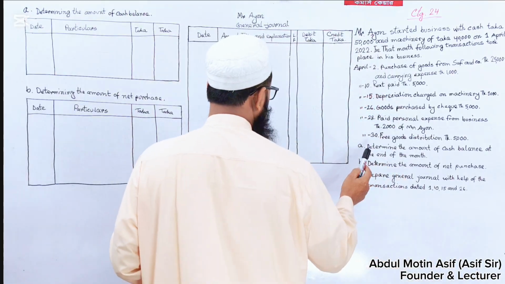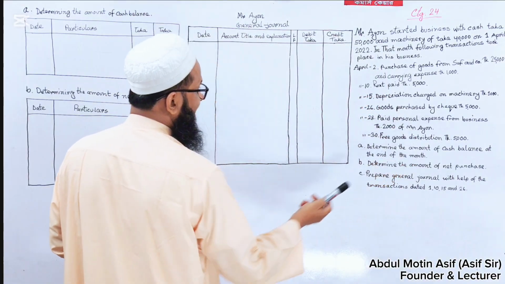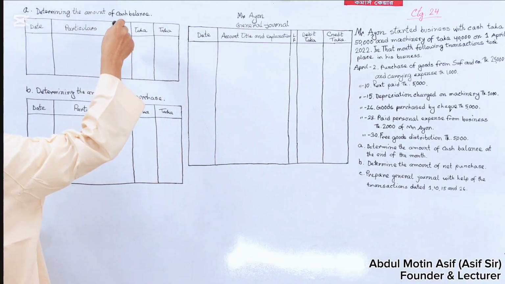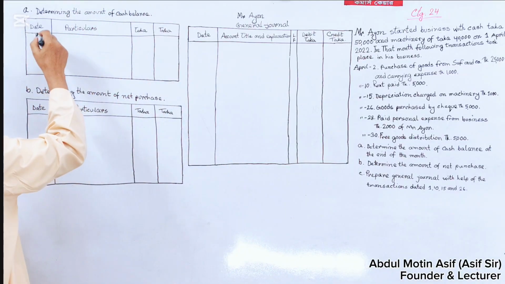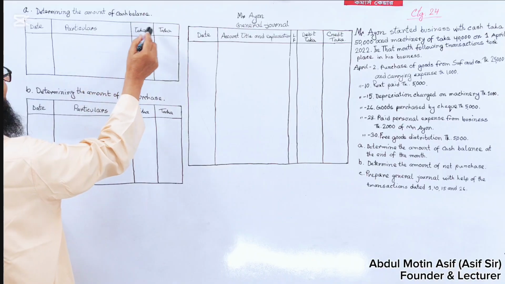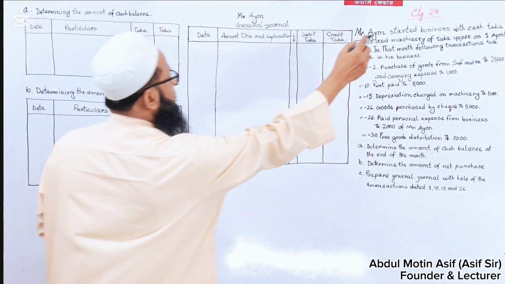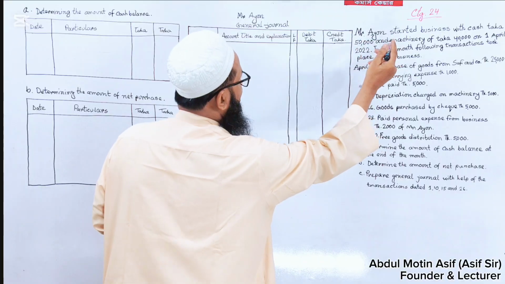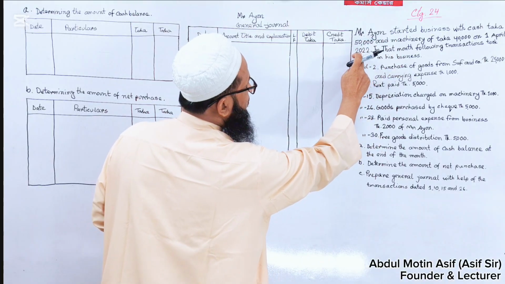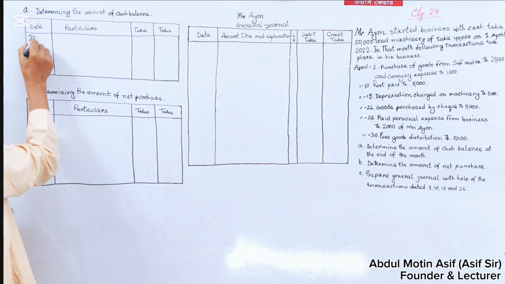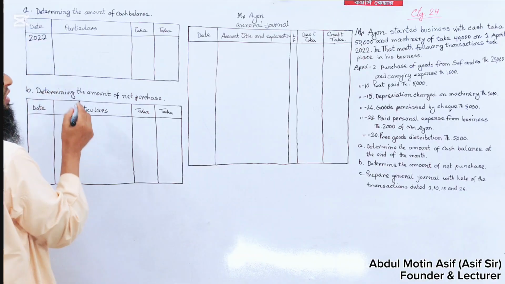Okay, dear students, at first we will determine the amount of cash balance at the end of the month. I draw a picture. Date, particulars, taka. Mr. Oyon, 2022 April.